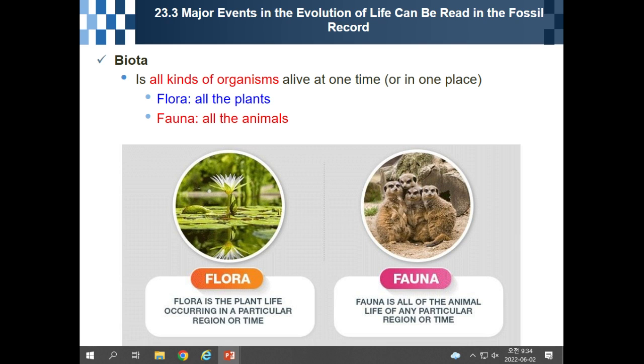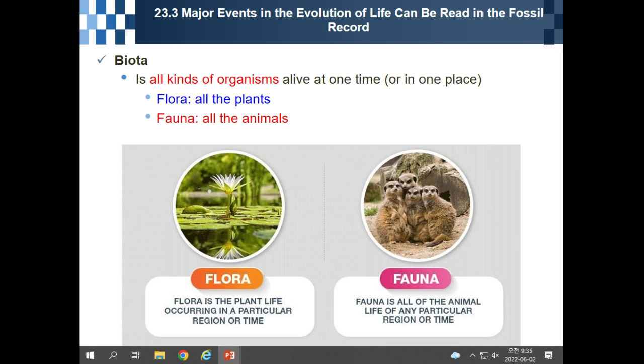This is composed of Hyuk-sung, Subin, and Joon, and also the desk and chair, and there will be some fungi in the air. Fungi is also included in the biota: all kinds of organisms alive at one time in one place.